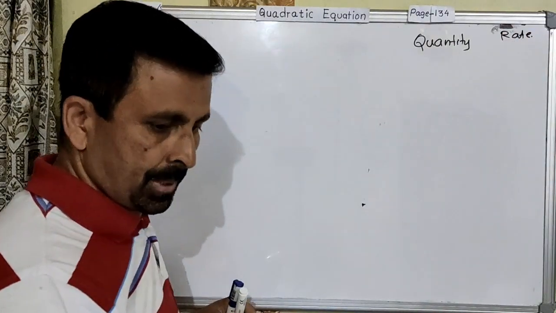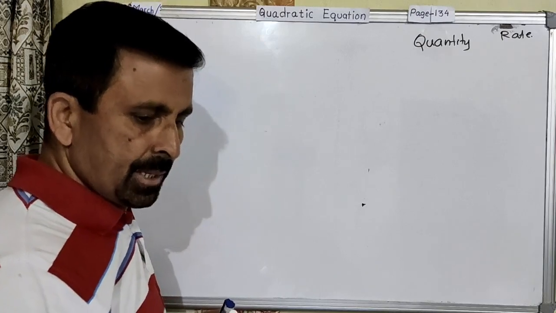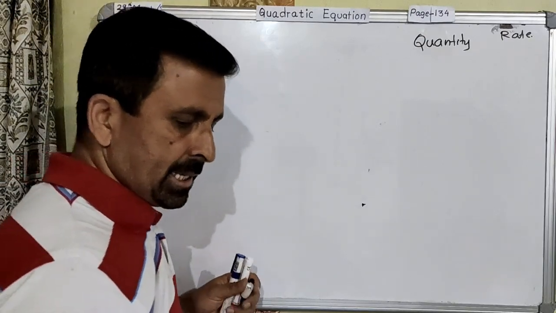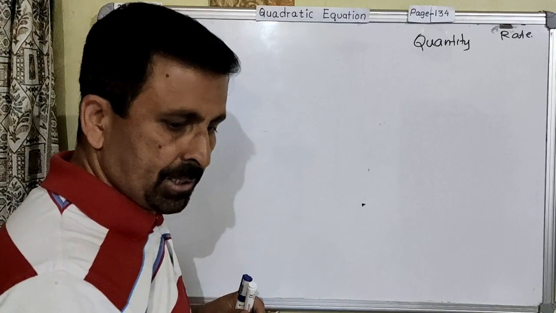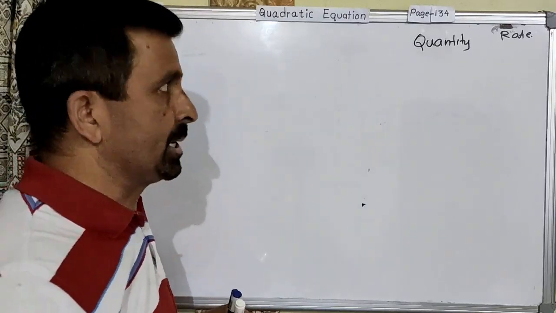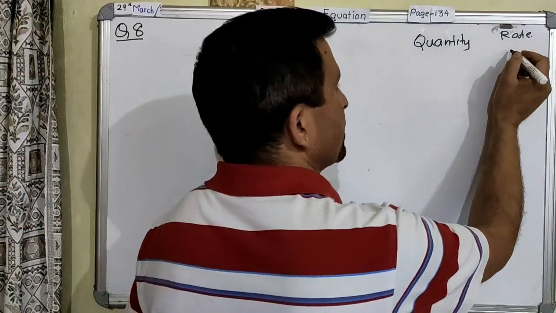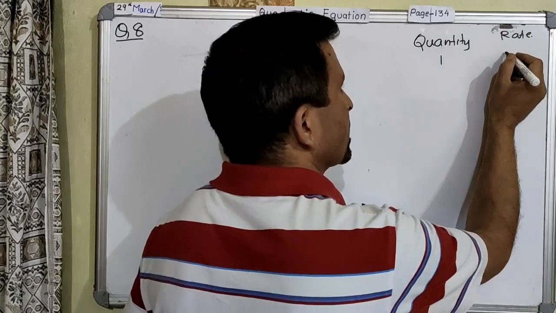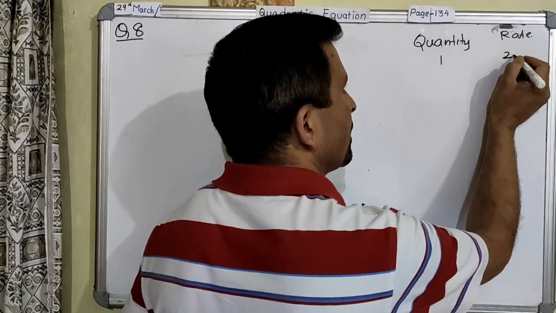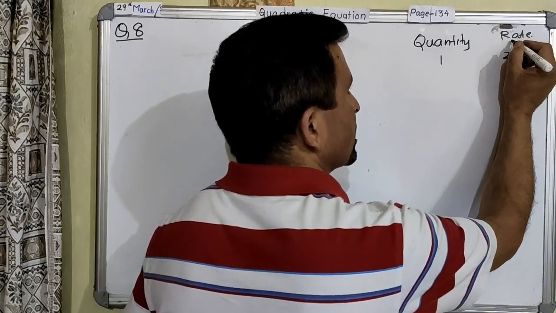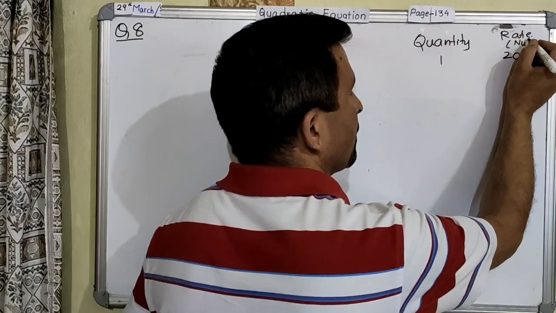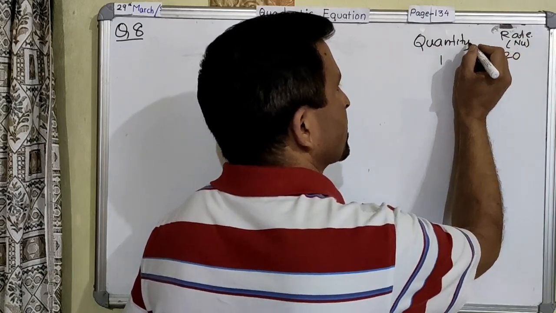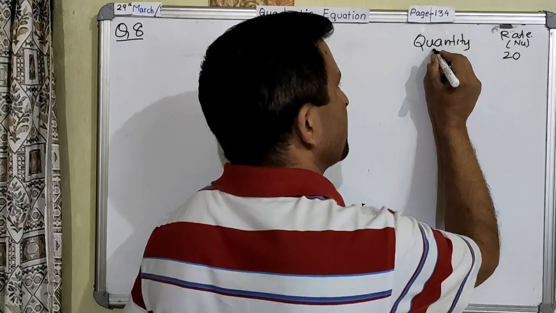There are two things, right? Now the question says, if she sells 1 kg for Nu 20, this rate is in Nu, and this quantity is in kg.